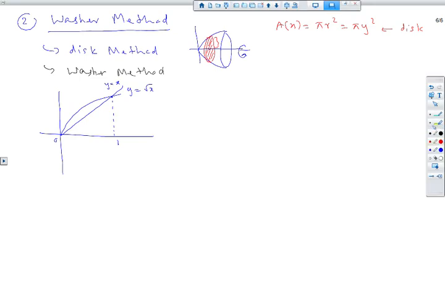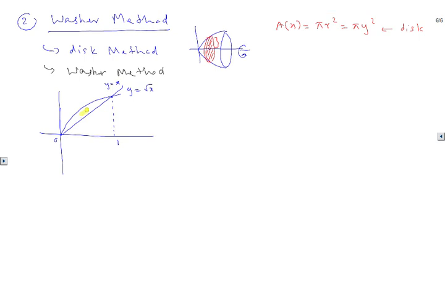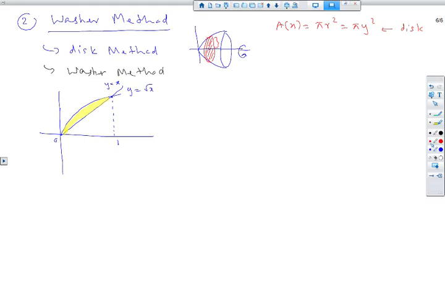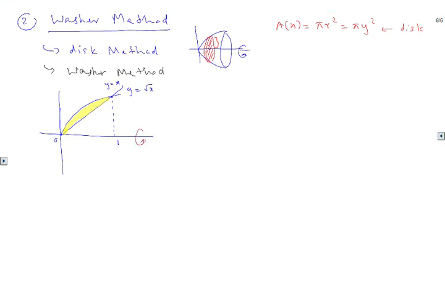What we can do is rotate this region about the x-axis. This should be given, because there are a lot of possible axes.